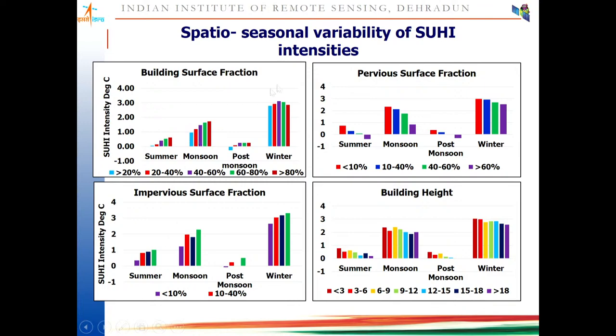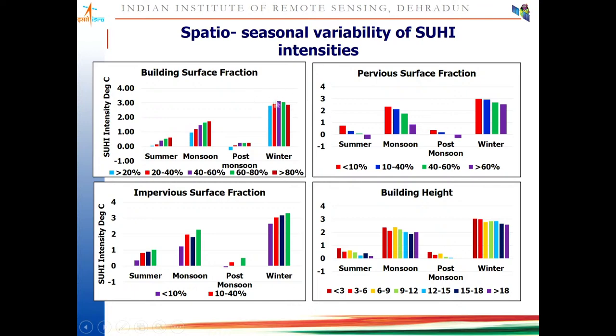Here you can see, as I have already shown you, that building surface fraction and impervious surface fraction show a positive correlation with the surface urban heat island intensity in most of the seasons, where as your fraction increases, your temperature also increases.